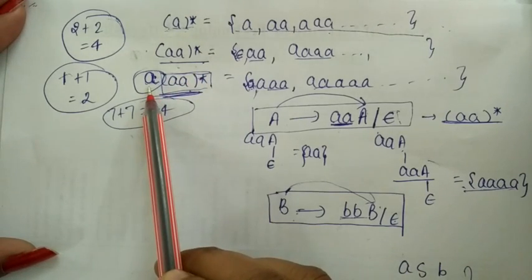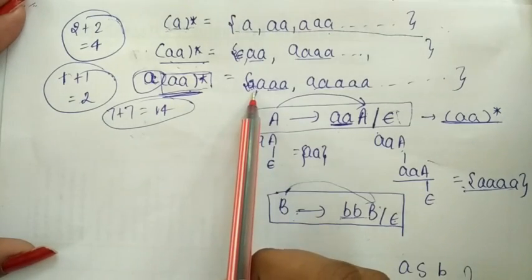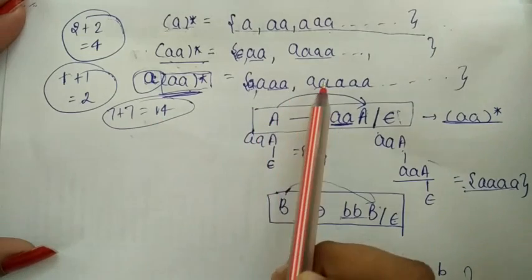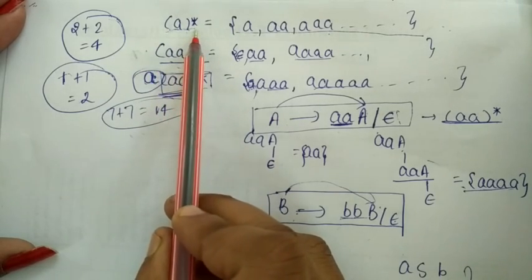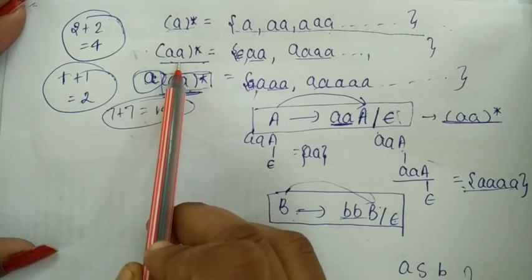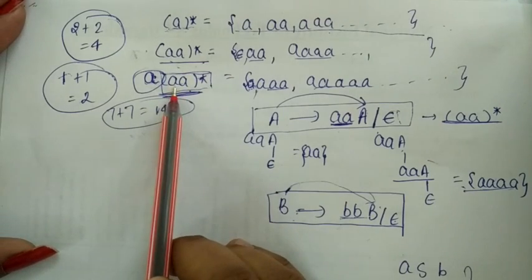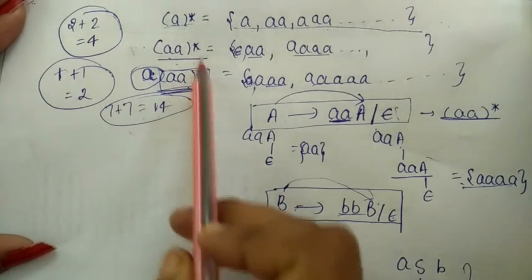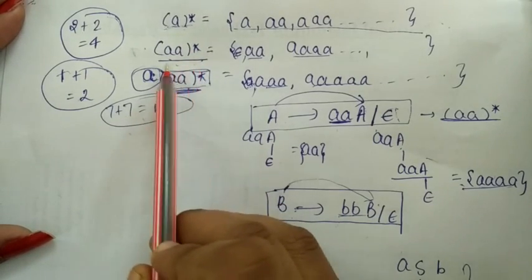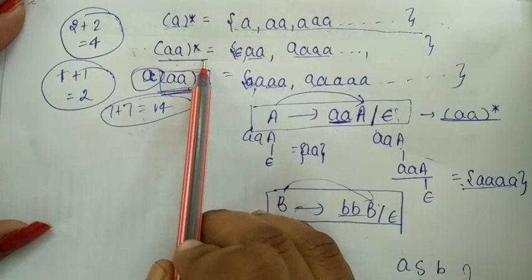So the minimum string will be a, then 3 a's, 5 a's, 7 a's. So this is the regular expression for any number of a's, this is for an even number of a's, and this is for an odd number of a's. So how will we write a grammar for an even number of a's? In an even number of a's, what do we require?